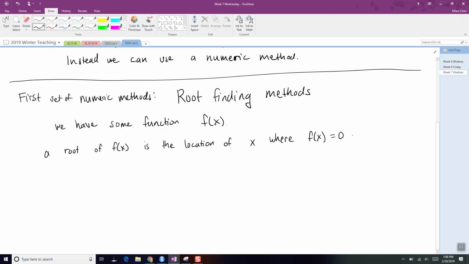Basically, it's where f of x crosses the x-axis. In algebra, all we would do is set f of x equal to 0 and solve for x. But again, a computer can't do algebra.